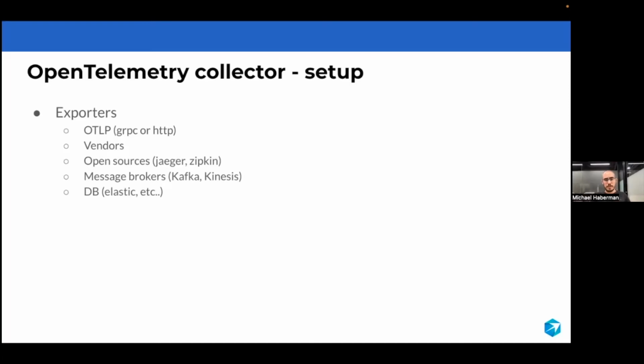You can write into message brokers such as Kafka, or Kinesis if you're using AWS, which is what we are using. So you write the data to a message broker, and then you pull from that message broker at the rate that the database is able to handle. So this is kind of the end station of the collector. We got the data, we process it, and now we're sending it to some external resource, and hopefully it reaches the final destination.